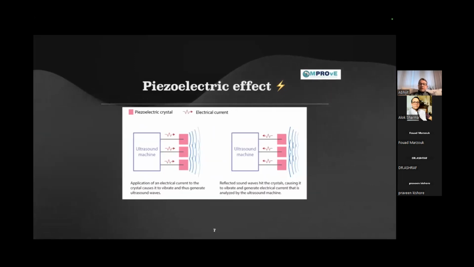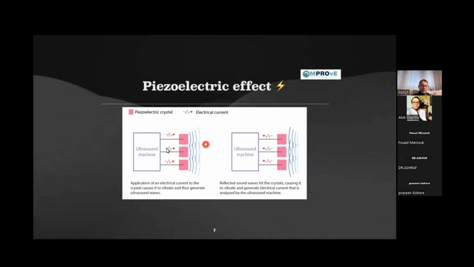Piezoelectric effect. I'm sure you all know about this. In the ultrasound probes, we use a piezoelectric crystal. When you apply electricity to the piezoelectric crystal, it releases ultrasound waves.